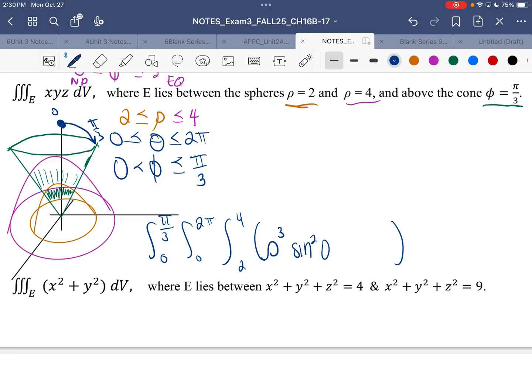Two of them are multiplied by sine phi. And then one's cosine theta, sine theta. And then the z is equal to rho cosine phi. And then dV, I mean.